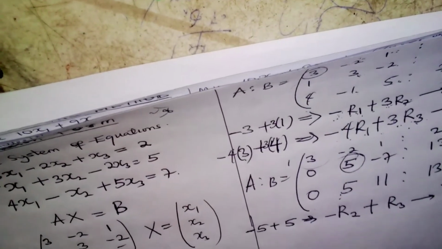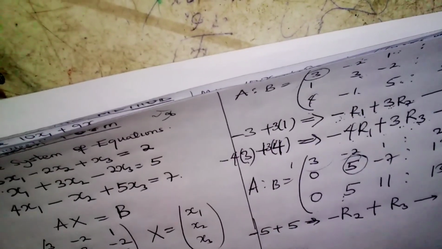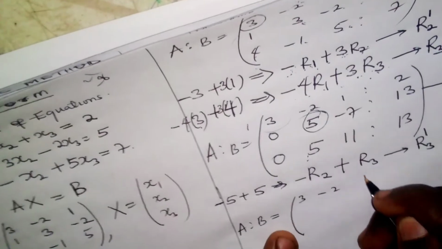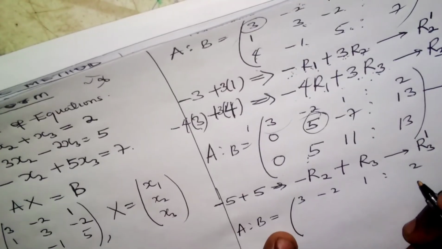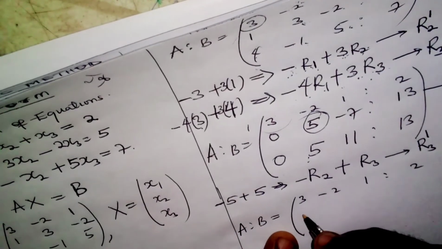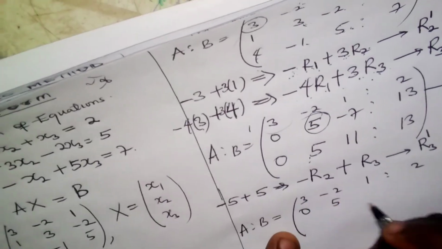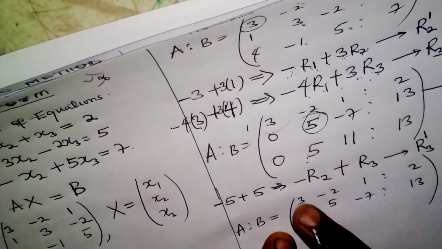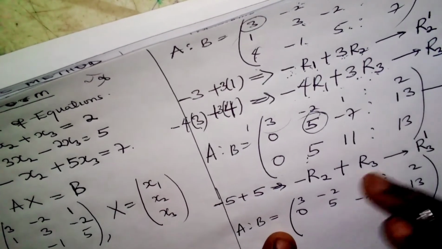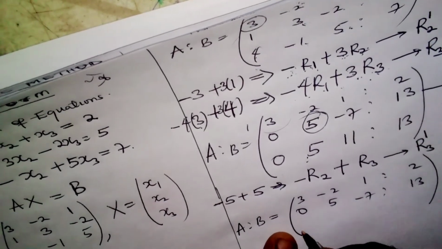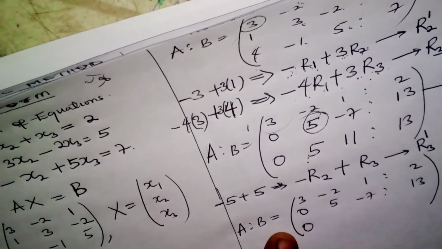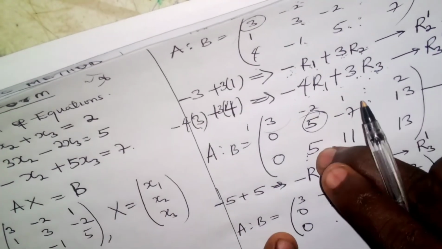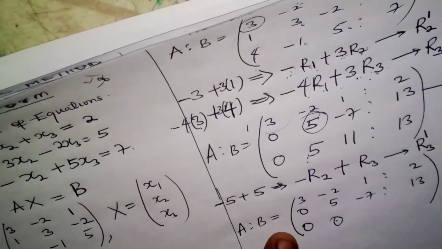So at this stage we observe something, and what we observe is that our row 1, which was initially a pivot row, cannot be changed. Now we're having a new pivot row, which is this, remains fixed, but only row 3 will be the row that will change, because that's the only operation we performed. So here it's still 0, it cannot be changed also. Now to get this one, minus 5 and 5, we have said this one will give us what? 0.